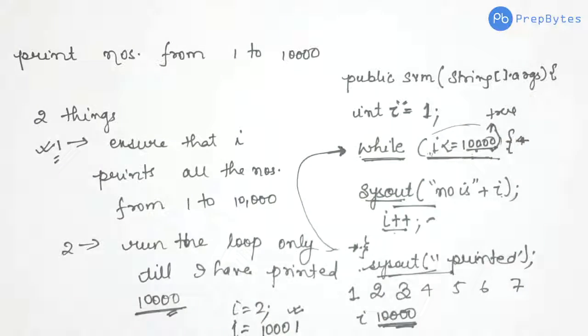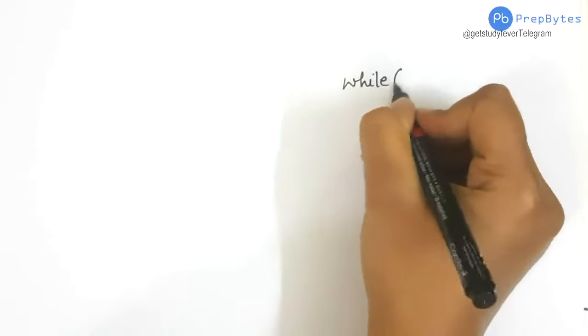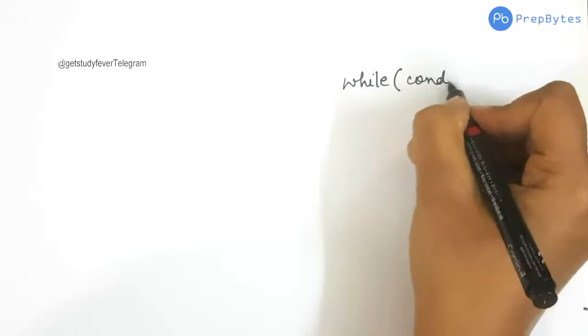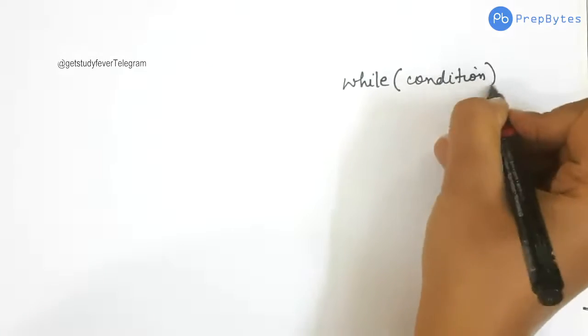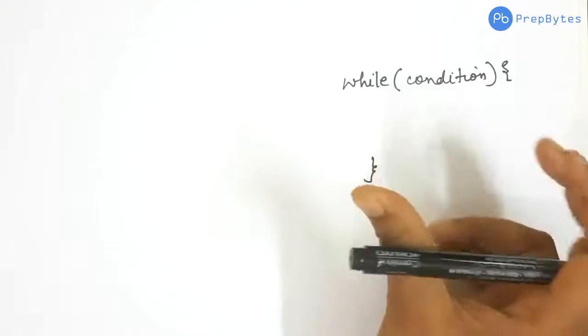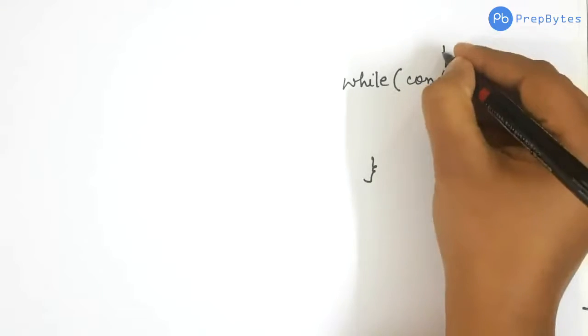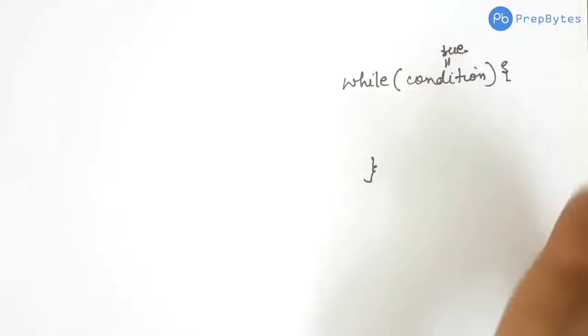So let's see quickly the syntax for while loop. So now let's talk about the syntax of while loop. So in while we have a while keyword, we have a condition, then we have our while block, or let's say the loop, and this loop runs only till this condition is true.